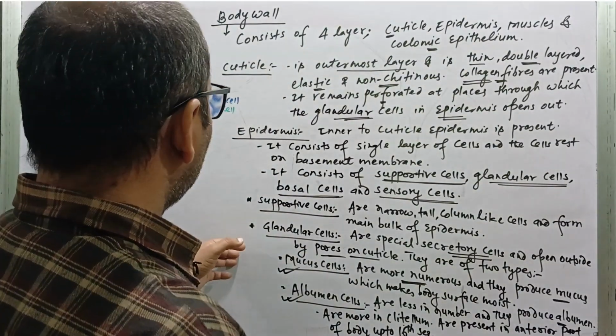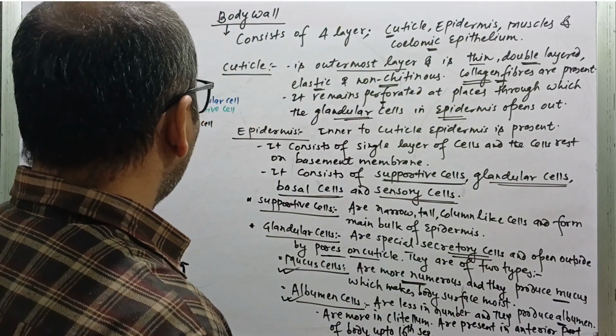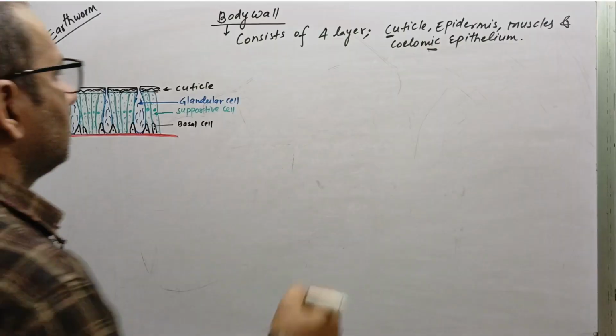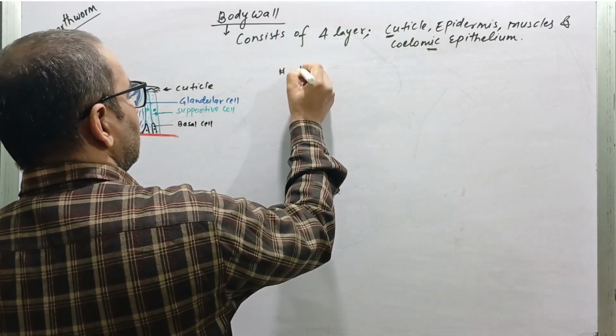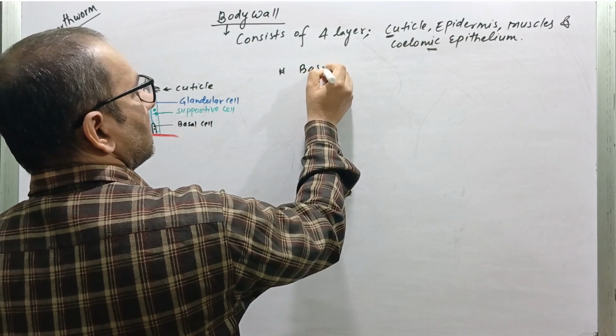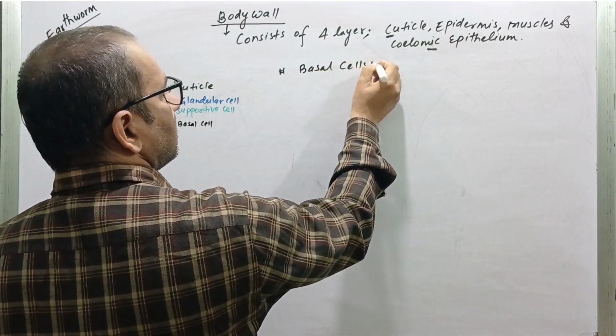Now, the next type of cell is basal cells.